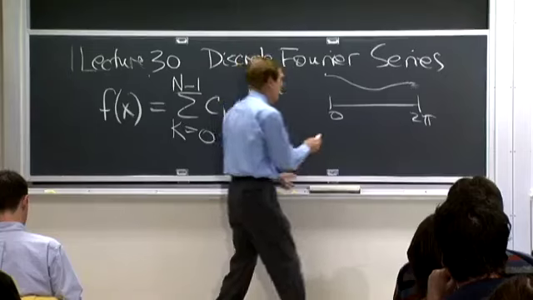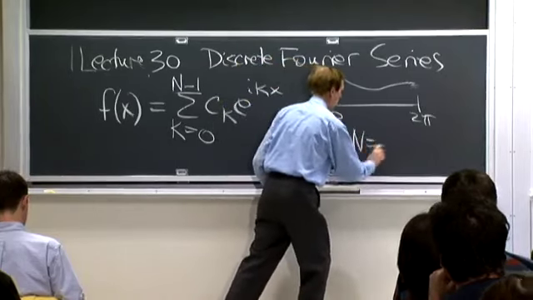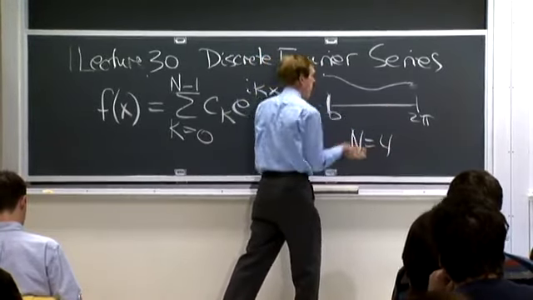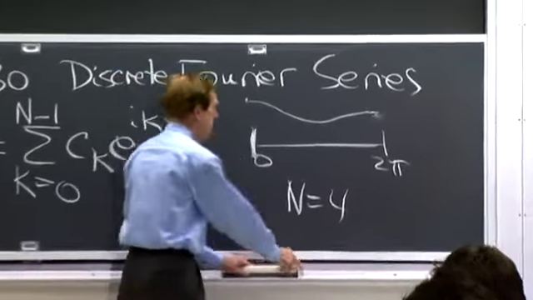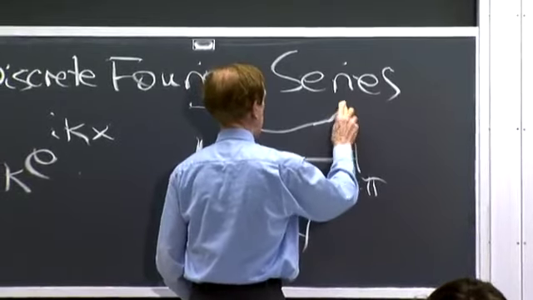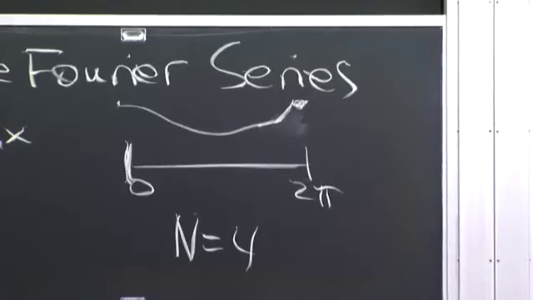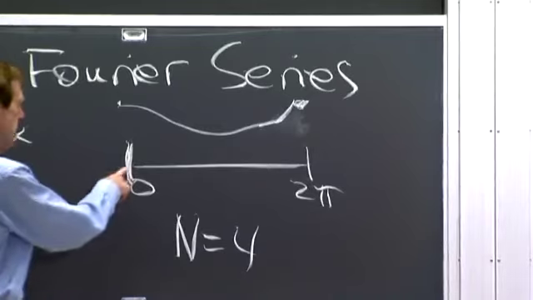Now, for the discrete version, let me just take n equal 4. You know what 4 points I am going to take? Let's just, for the heck of it, make it look periodic. Okay, so there's 1 point.